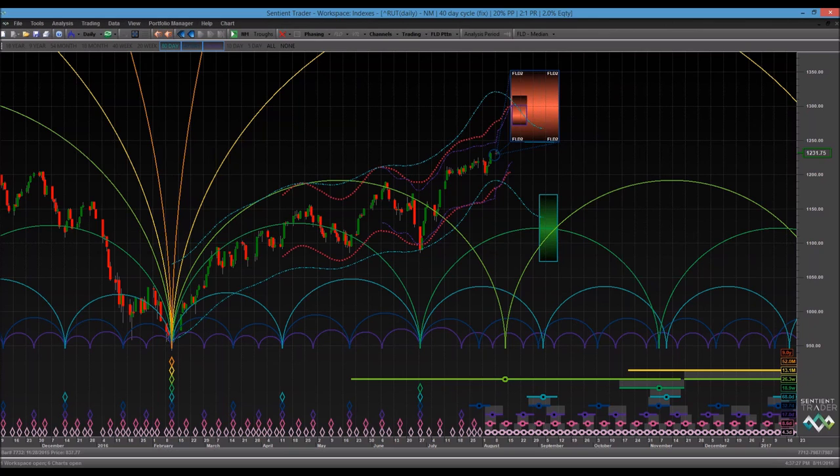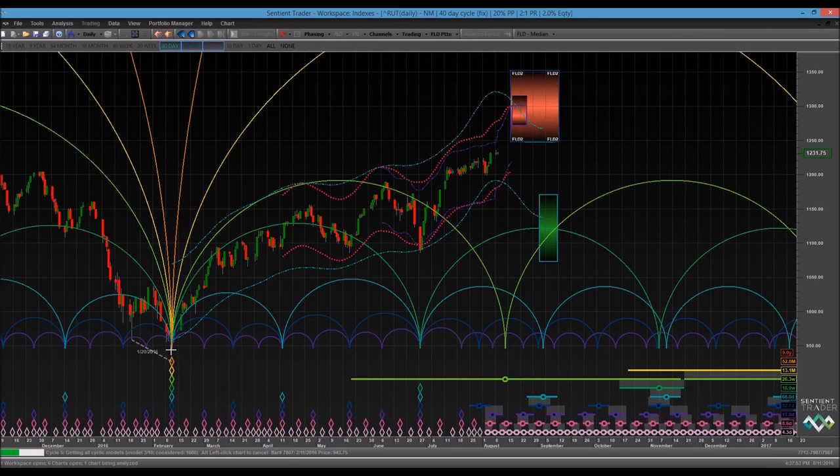So you have to take Sentient Trader and adjust it. Like, this low here, I could take this high here and move it to there if I wanted to. I could pin the 54-month cycle to that low, and it would actually do that. So you have to actually decide where the cycle low is and where the cycle high is.